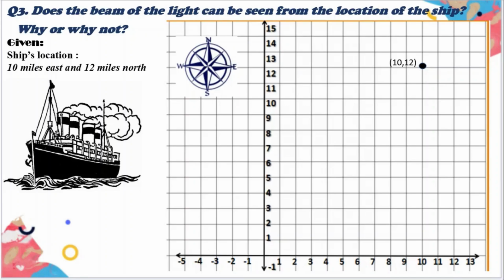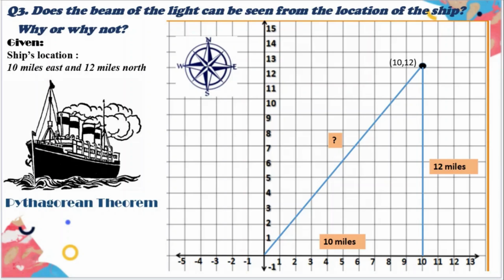So therefore, here is the location, or this is how we plot our ship's location. This is 10, 12. Now, using the location of the ship, we can create again the right triangle, which is our A here is 10 and our B is 12. Then we need to find the hypotenuse of our triangle or the C. So we can use first the Pythagorean theorem, like question number 2. So Pythagorean theorem is again c square equals a square plus b square.